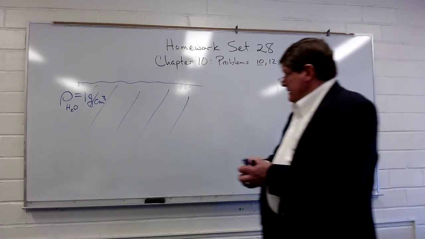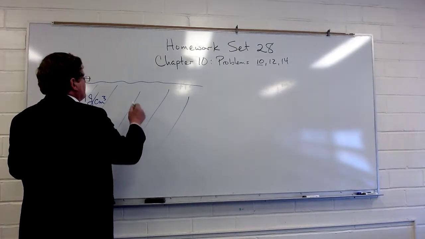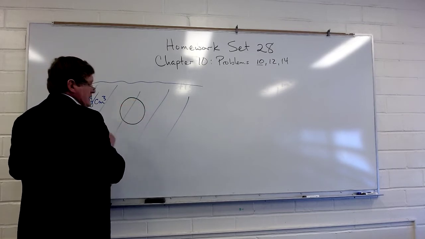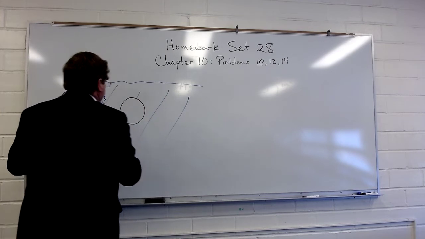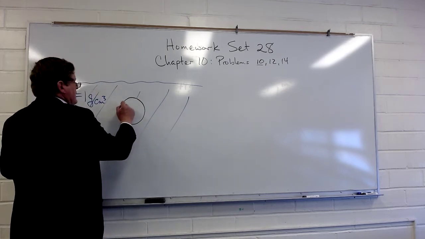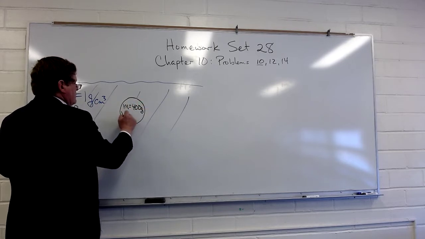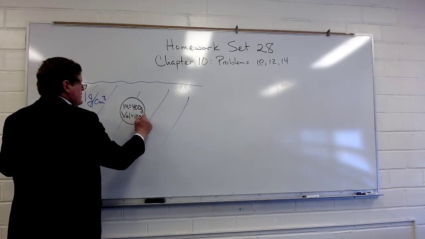And we're told that we have a rock. Well, we're told it's a ball, but the density of it looks pretty much like a rock. And this ball has a mass of 400 grams and a volume of 100 cc's.